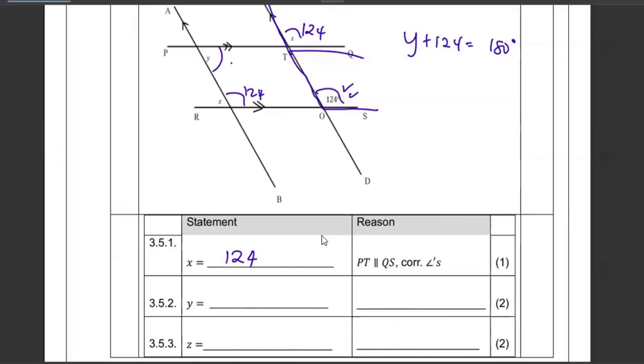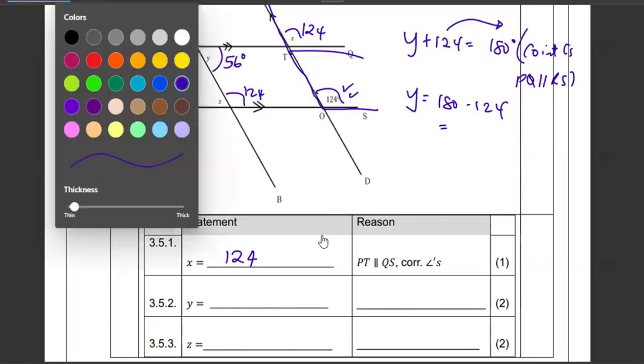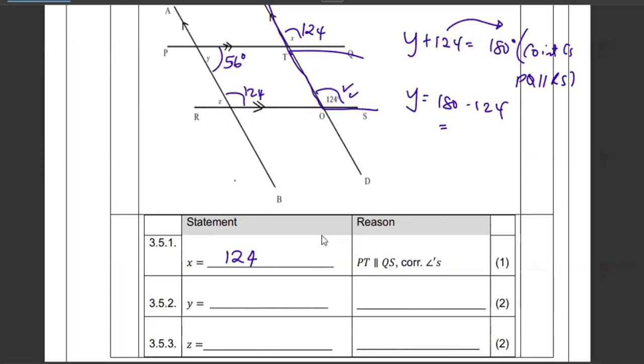The reason, co-interior angles, because PQ is parallel to RS. Then we need to subtract and say 180 minus 124. 180 minus 124, it becomes a 56. Okay, so that is a 56.